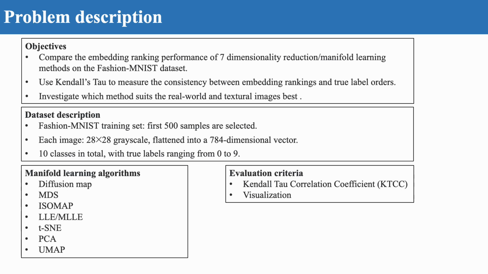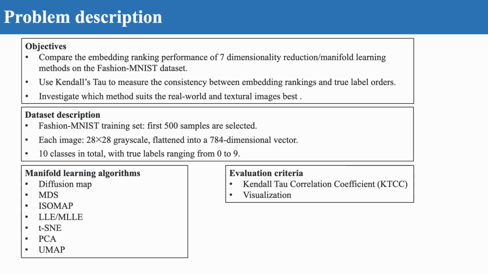Our objectives are to compare the ranking performance of 7 popular manifold learning methods, to quantify how well each method's one-dimensional ordering aligns with the true label using Kendall's tau correlation coefficient, and to investigate which method suits real-world and textured images like Fashion-MNIST best.